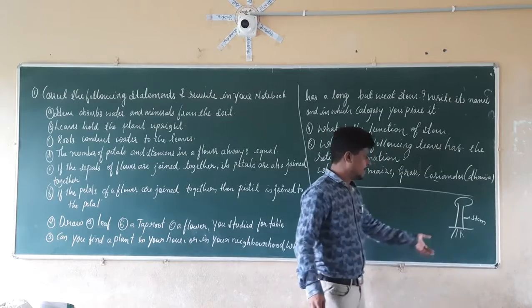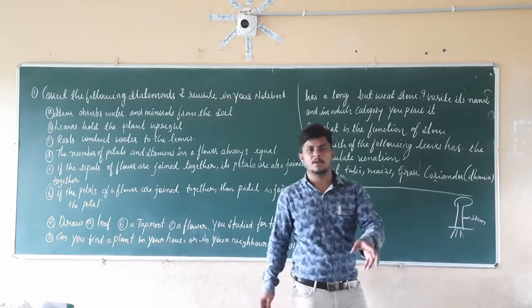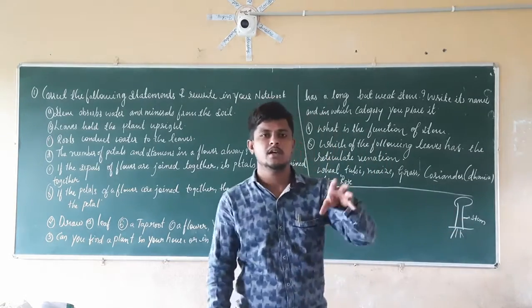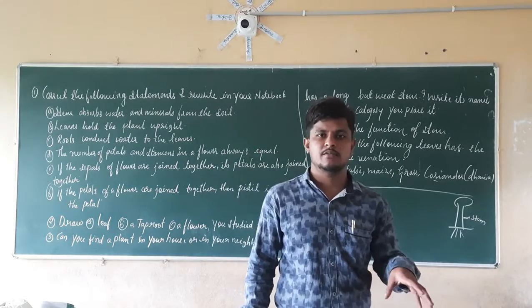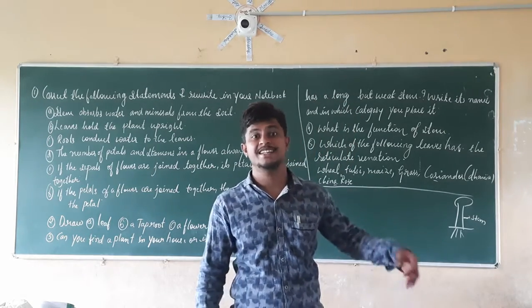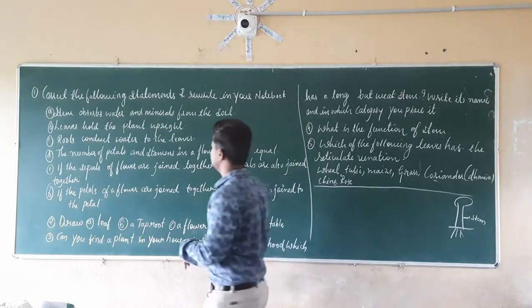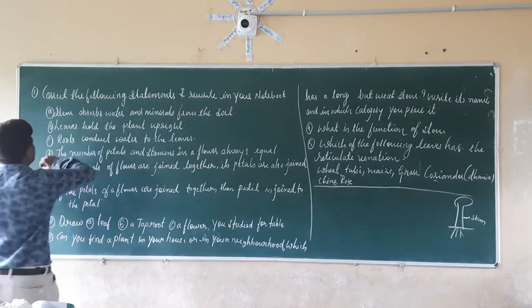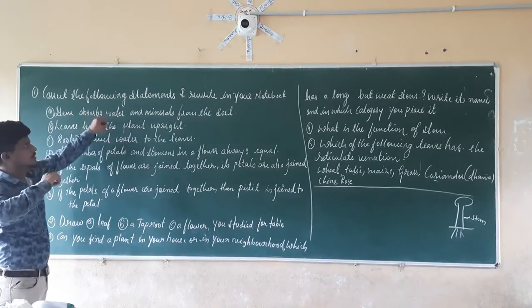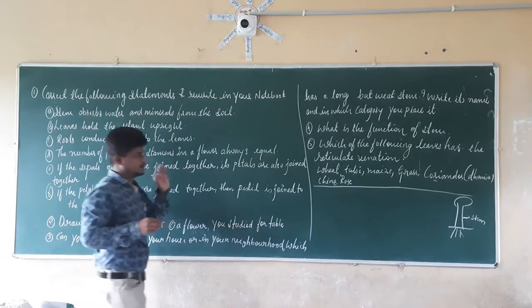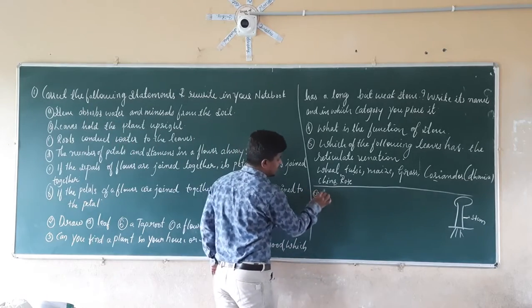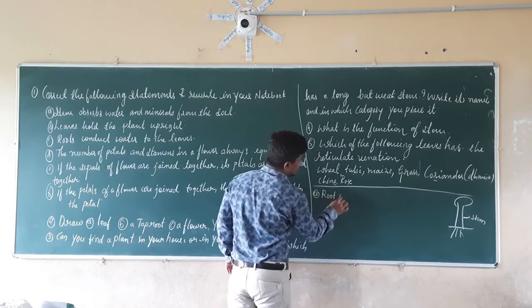The stem is present above the ground. So which part of the plant is going to absorb the water and minerals from the soil? Is it the stem? No, it is the root. So the correct statement is: root absorbs water and minerals from the soil.